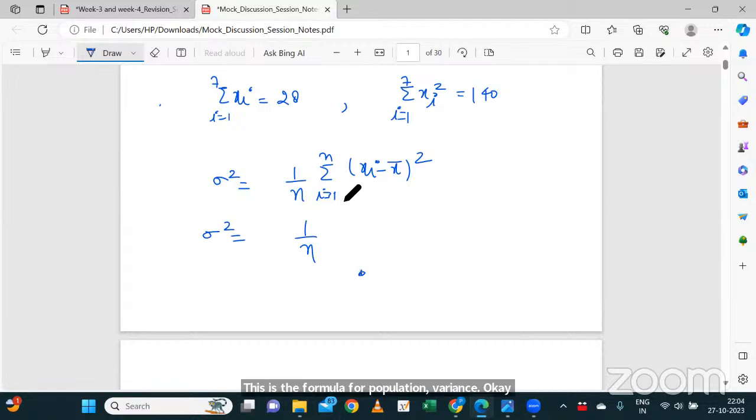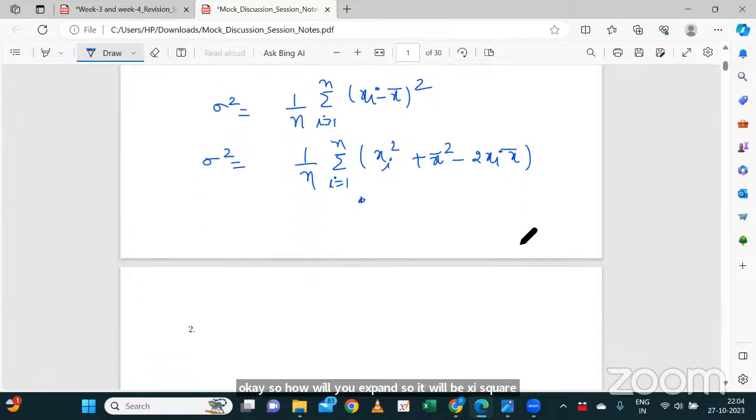So how will you expand? It will be xi square plus x bar square minus 2 xi times x bar. From here, if I take 1 upon n and take the summation inside the bracket, what do I get?